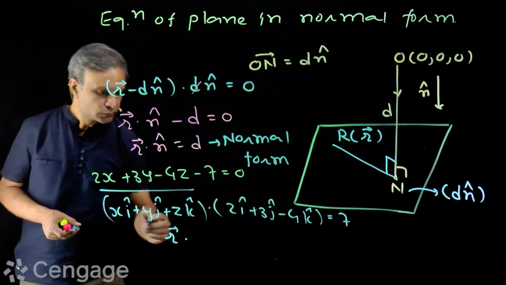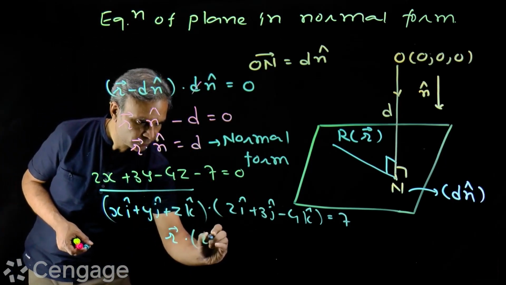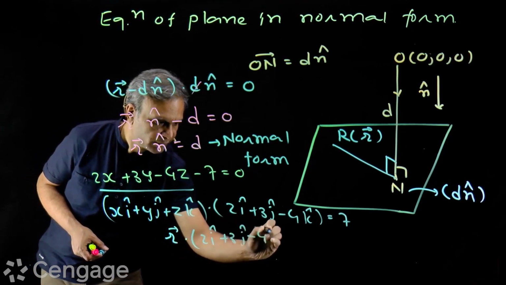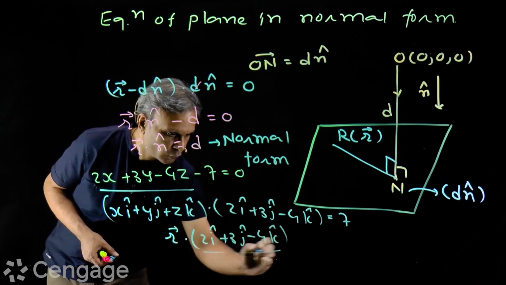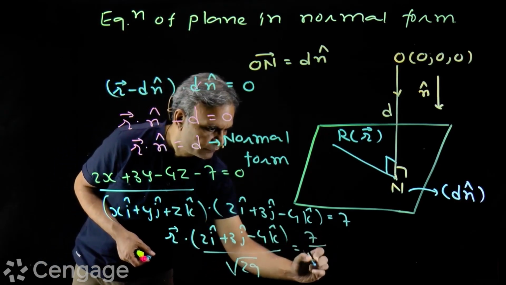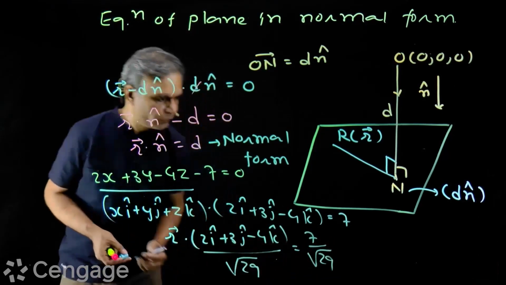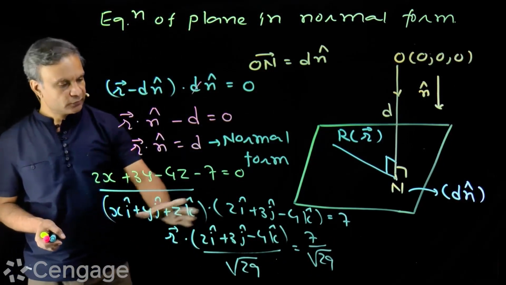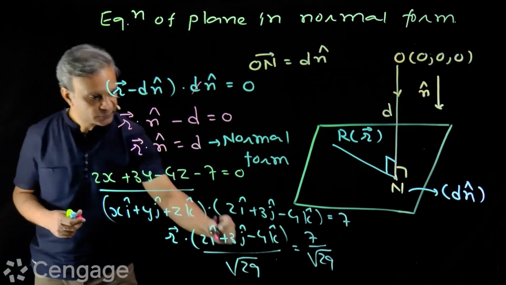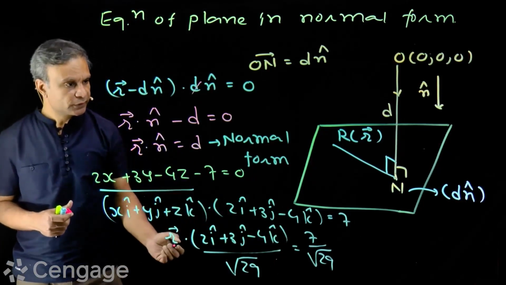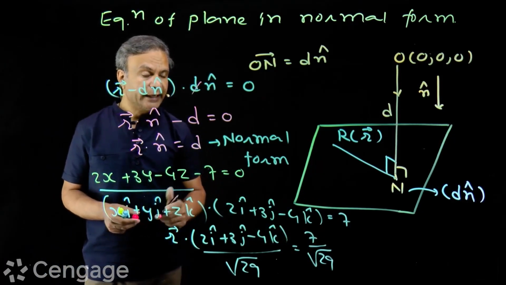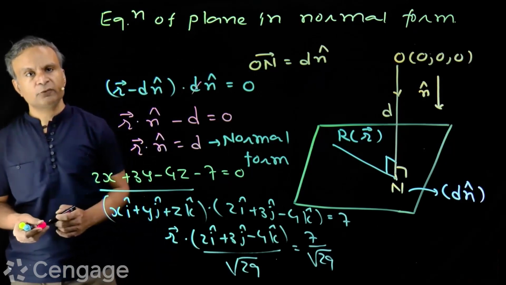So we get r dot 2i plus 3j minus 4k over root 29 is equal to 7 over root 29. Now this equation is in this form. Here n cap is this unit vector, and d is this 7 over root 29, and this is the distance of the plane from the origin.